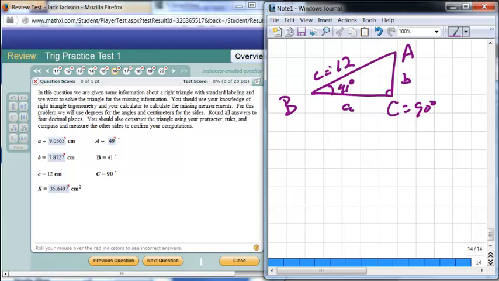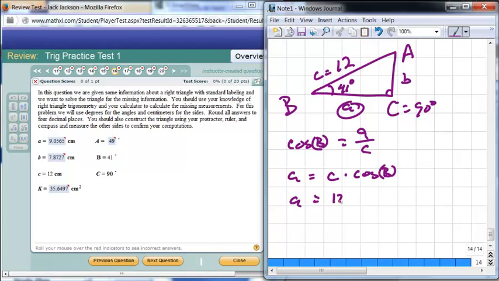Well, we're going to use sine and cosine to find A and B. So let's do A first. A is adjacent, so cosine of angle B is adjacent over hypotenuse. That's A over C. So A is C times cosine of angle B. Notice we don't know A, but we know everything else on this side. 12 cosine of 41 degrees.